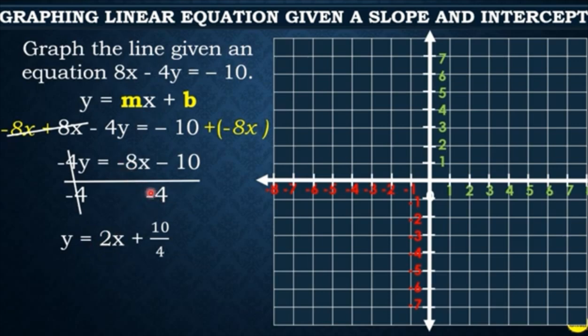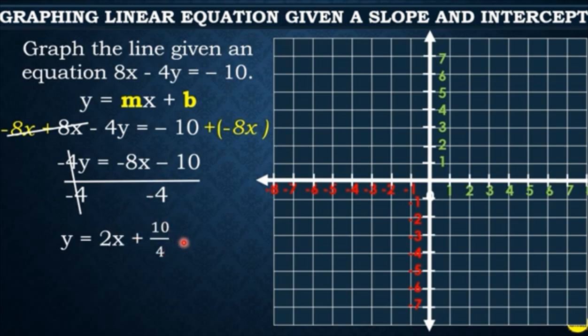Bakit positive? Kasi same sign sila. And then, negative 10 divided by negative 4. Same sign ulit, so magiging positive 10 over 4 siya.